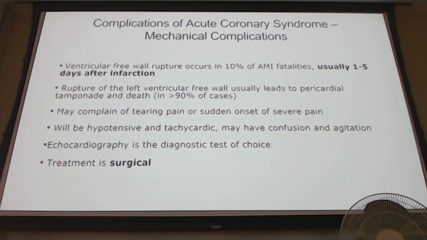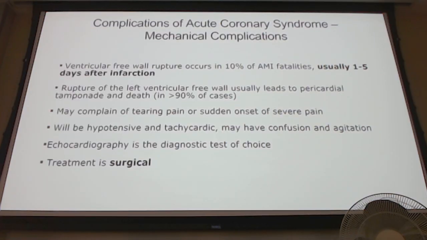All right, so here's our ventricular free wall rupture. This one is usually 1 to 5 days after the infarct. You may have a patient that was recently discharged who comes back to the emergency department complaining of chest pain. We get concerned that they have some sort of rupture of the left ventricular free wall.